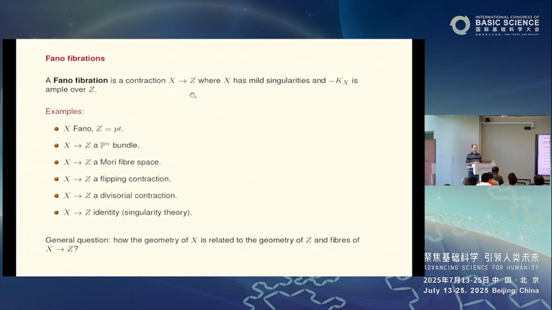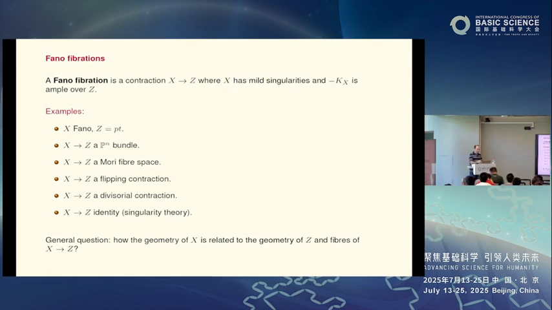It basically means this is a projective morphism, and you want connected fibers. Connected fiber is not a big deal because you can always achieve this. So you can just think about a projective morphism. Again, you want singularities to be mild. And the anti-canonical divisor we want to be positive relatively over the base, not globally.